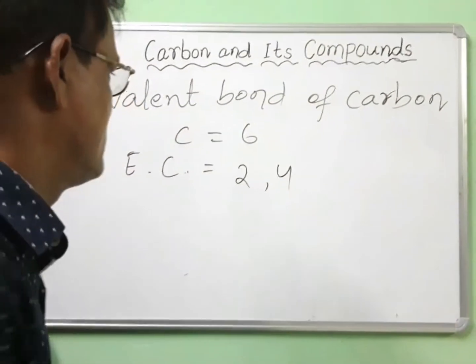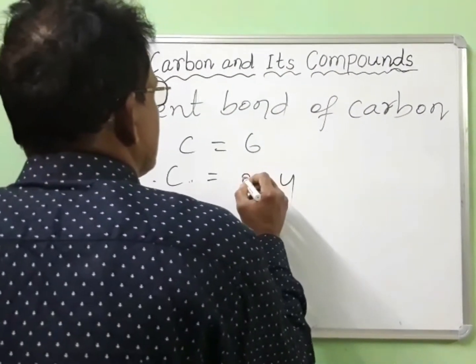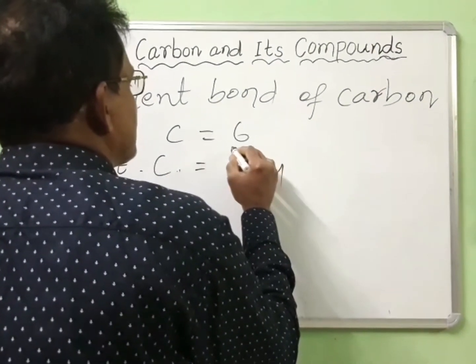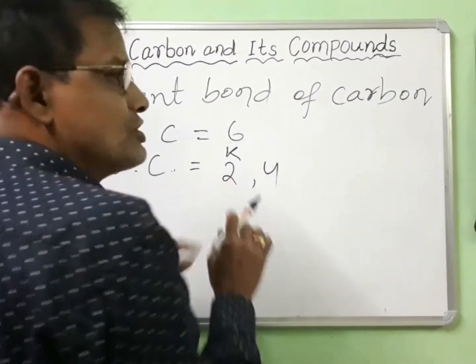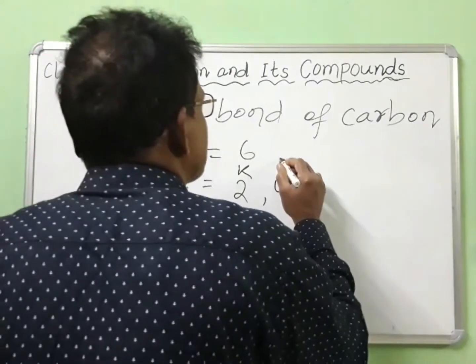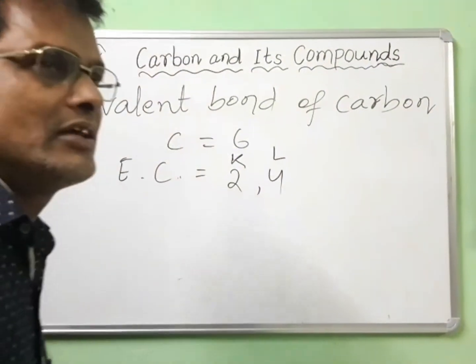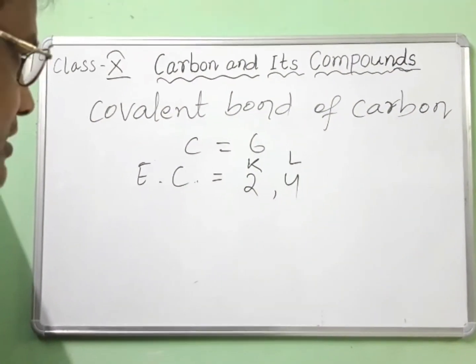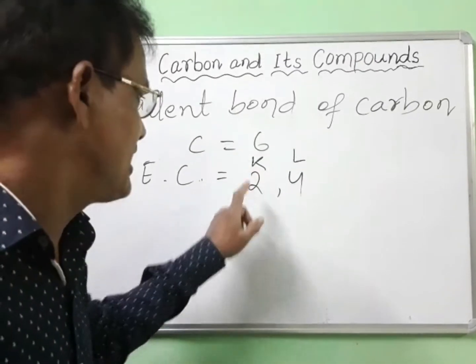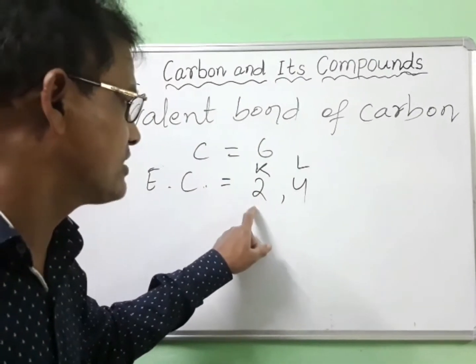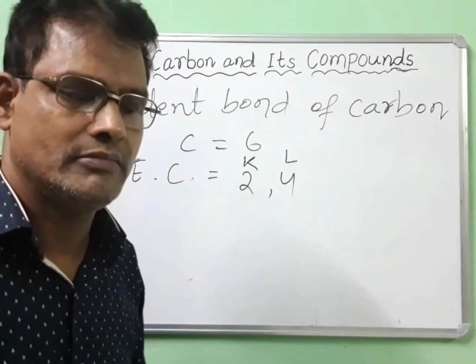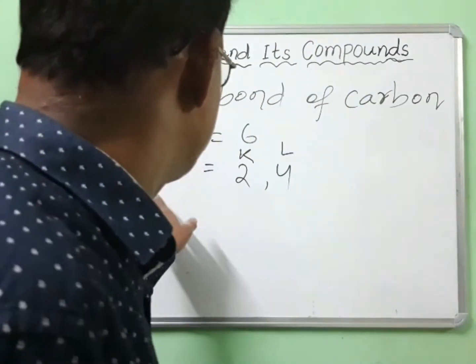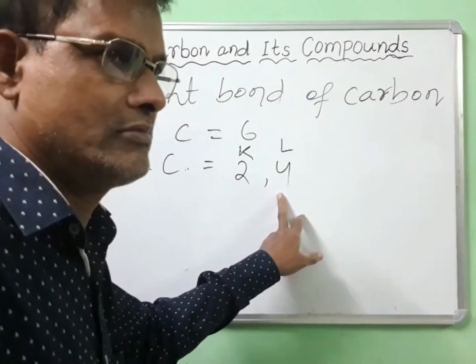That means in the K shell, the first shell, carbon contains 2 electrons, and in the L shell, it contains only 4 electrons. So this is the electronic configuration of carbon.